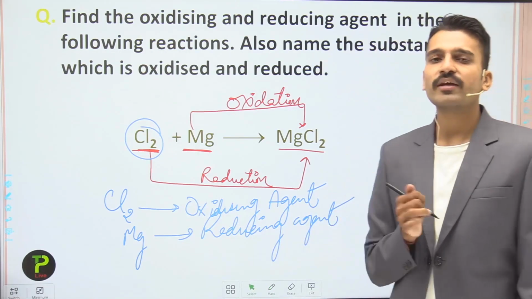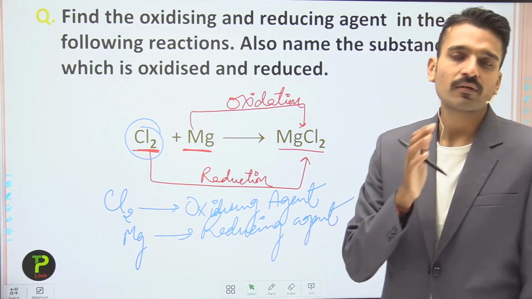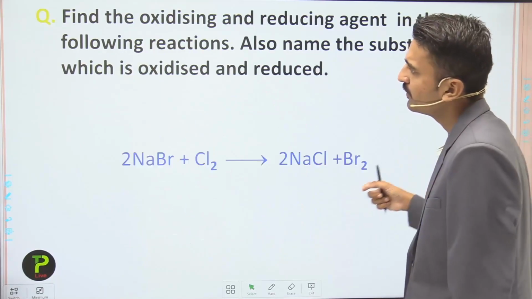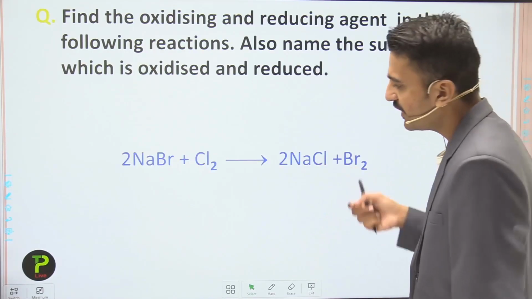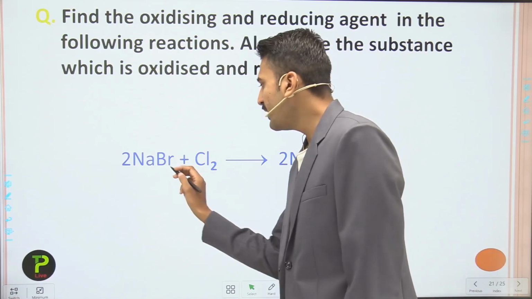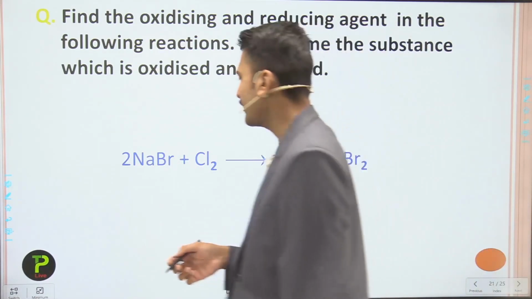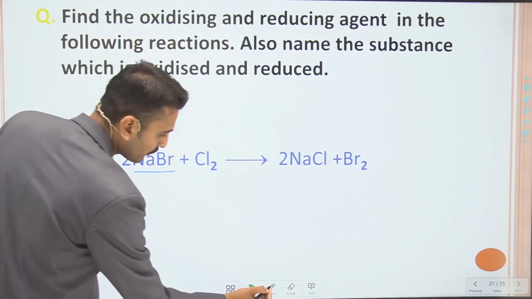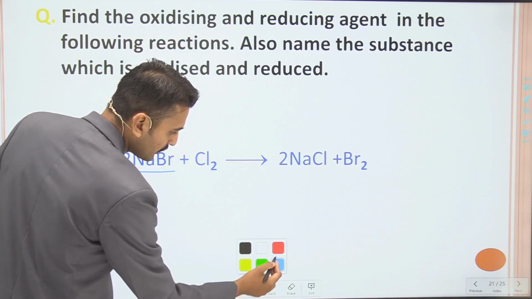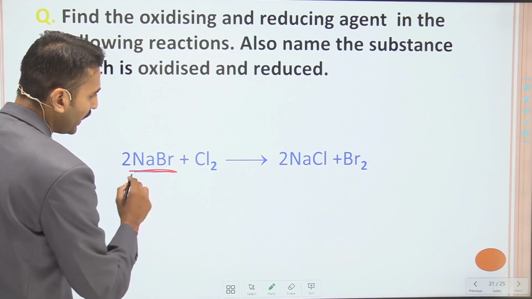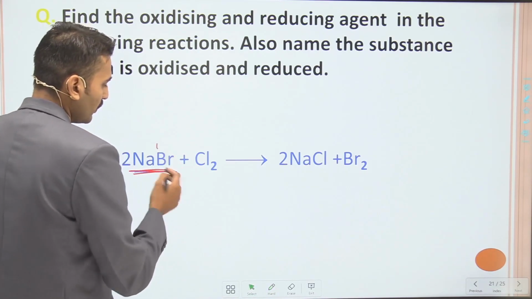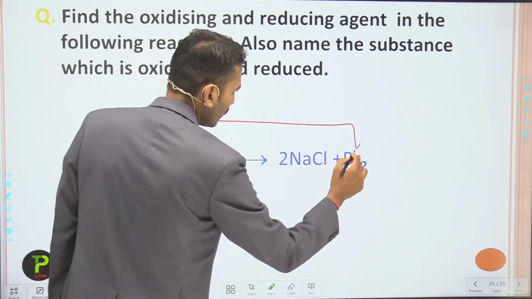So these are some of the examples that you must practice. Moving to another example, that is NaBr on reacting with chlorine forms 2 NaCl plus Br2. So what is happening here from NaBr? It forms Br2.